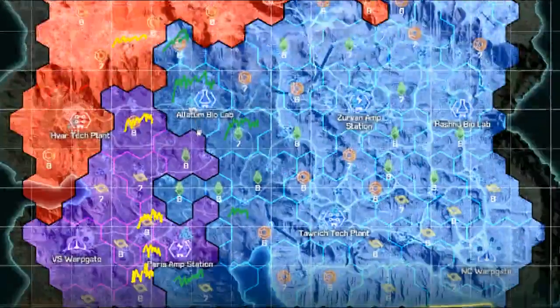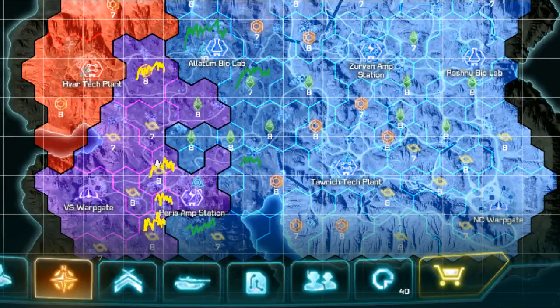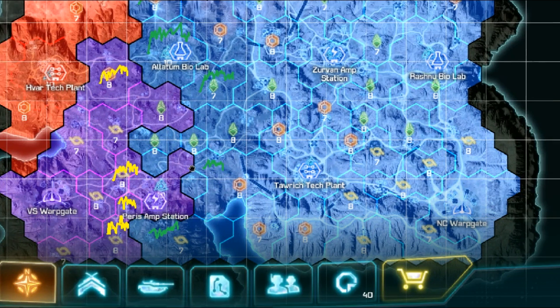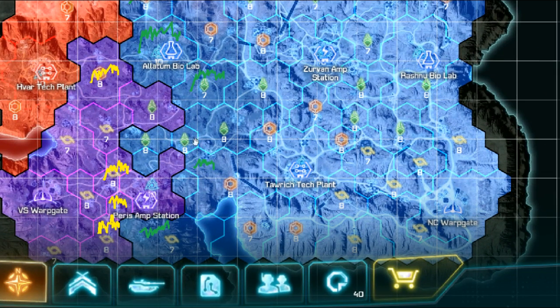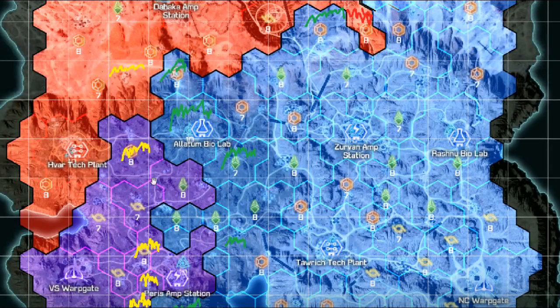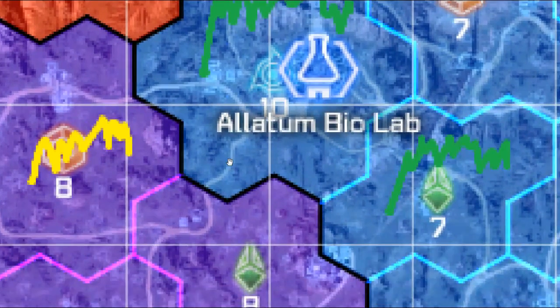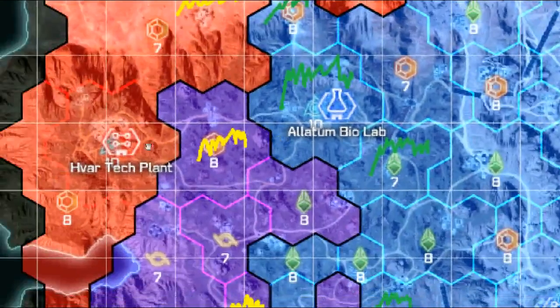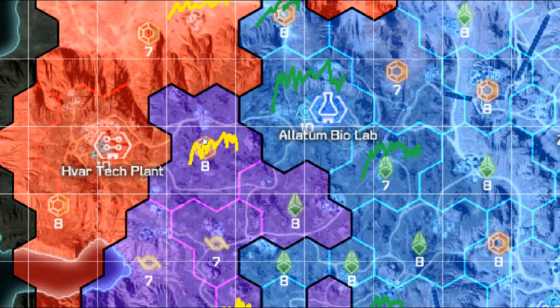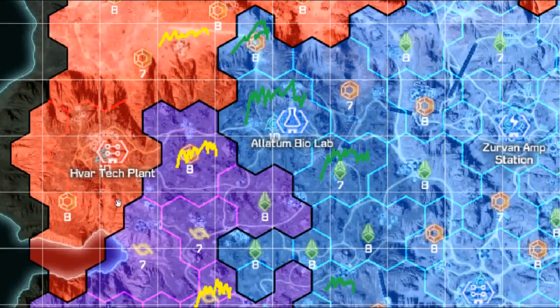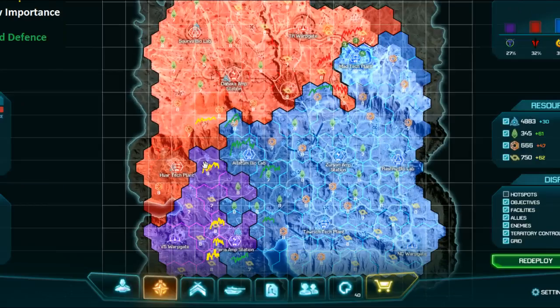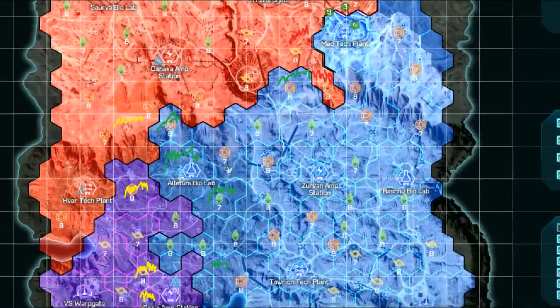Another thing they can do is, if they don't attack Paris Amp Station, if they just pull back and hold here, they can sit there and take these 2, well, I wouldn't even take those 2 hexes. I would just guard very well this road and this road and just wait, because the TR and NC are going to be fighting back and forth for Havar for a very long time.